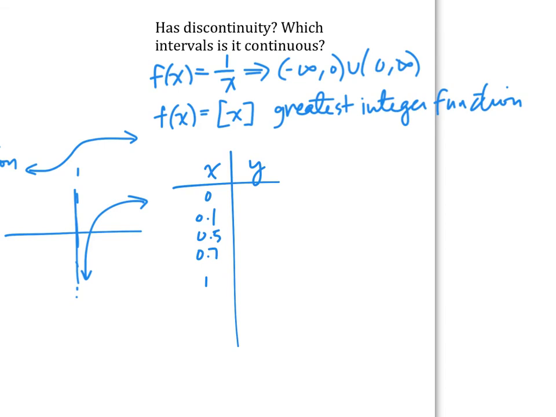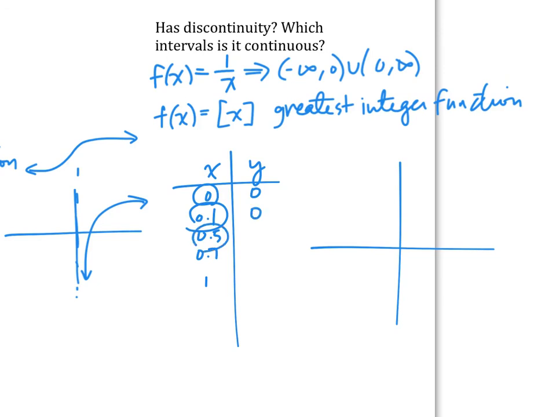Greatest integer function means that whatever the x is, the y value will only be the previous integer that it has passed from left to right. So if your x value is 0, then the biggest integer you're standing on is 0. If your x value is 0.1, then the biggest integer you had just passed from left to right is 0.